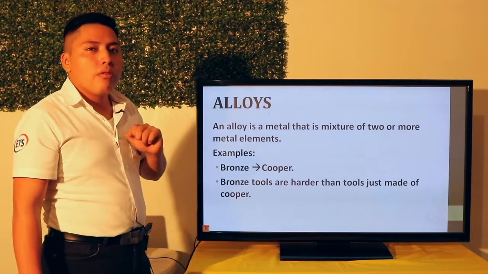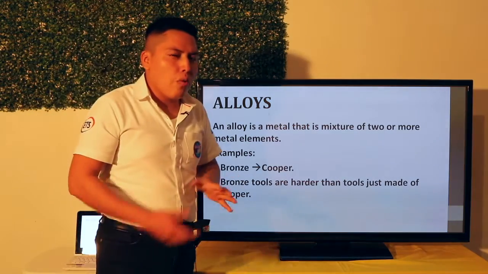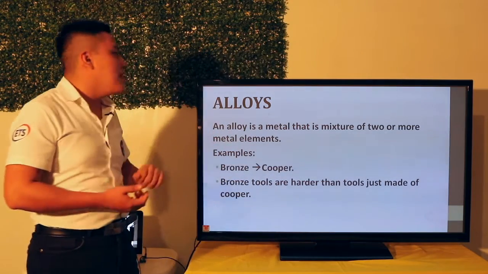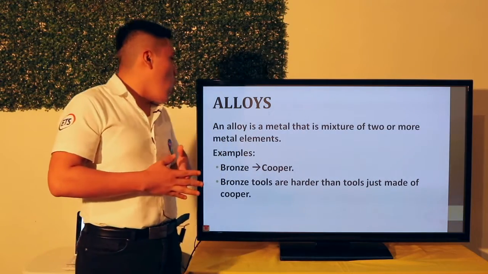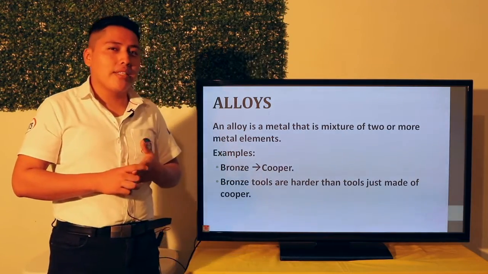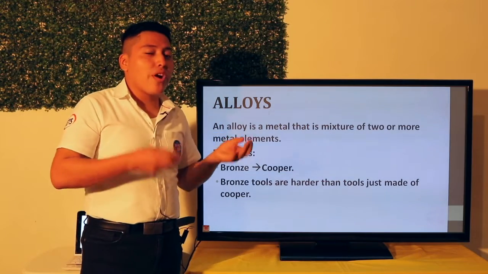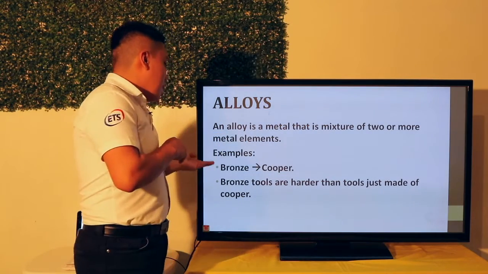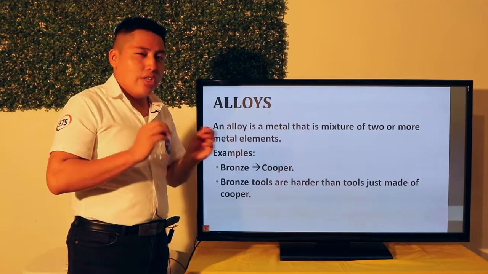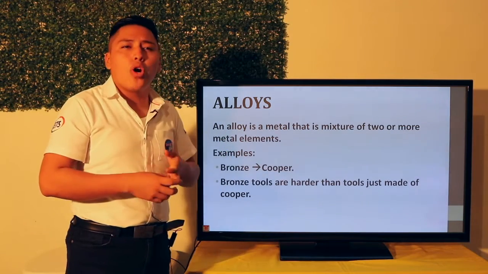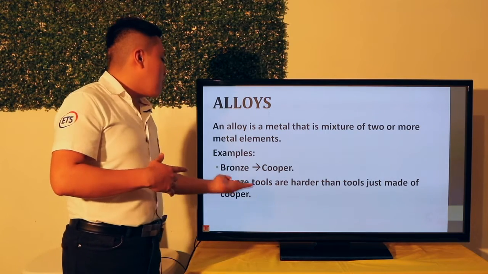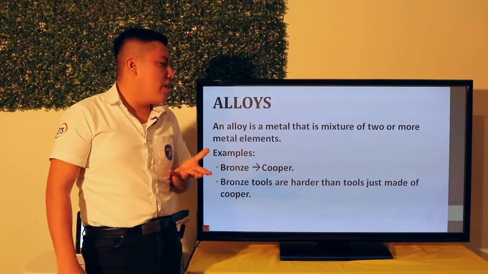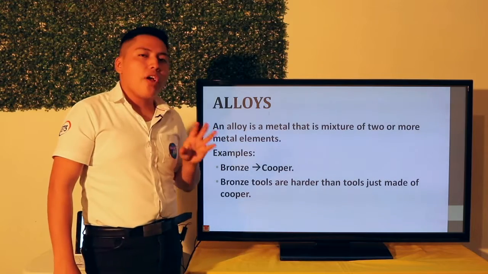So now let's continue with alloys. What is an alloy? An alloy is a metal that is a mixture of two or more metal elements. When you are mixing metals, you are creating an alloy. For example, bronze and copper are used in industry to make coins or different things from home. Bronze tools are harder than tools made of just copper.